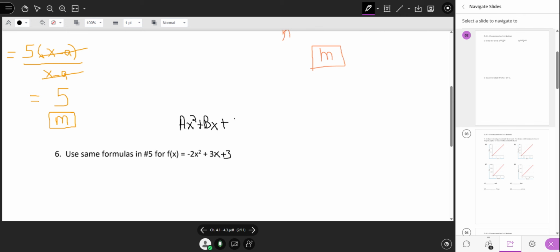And let me change what this c is. Plus 7. Okay? I want you to see what happens.